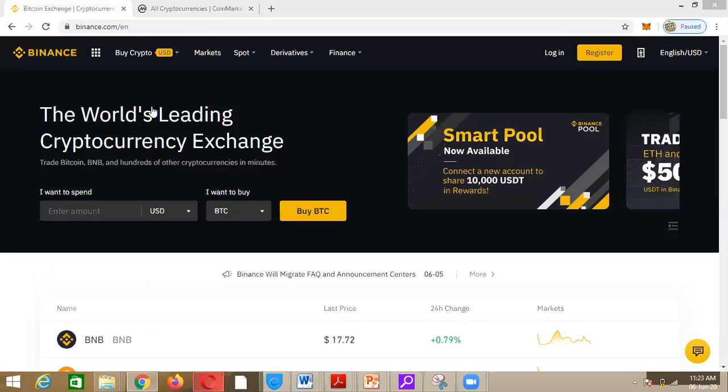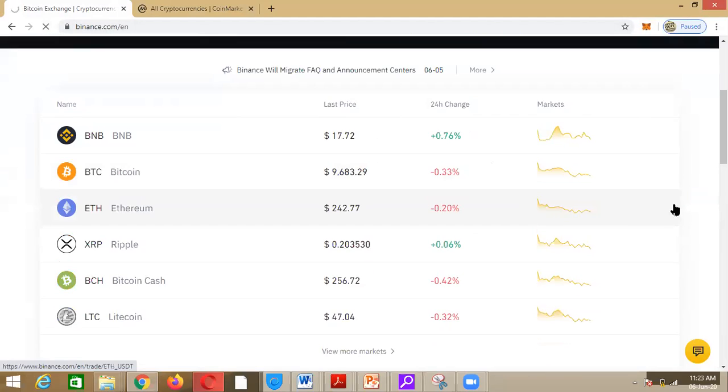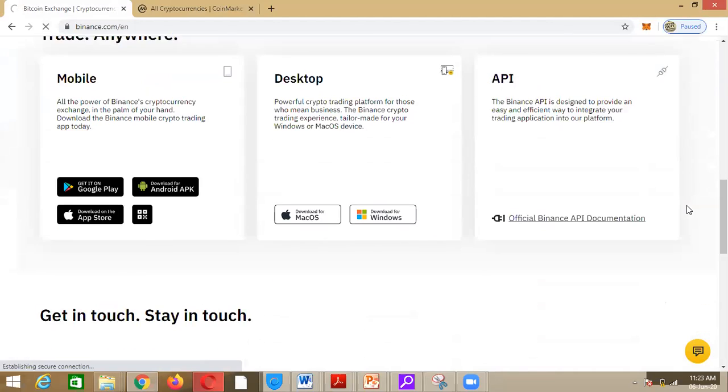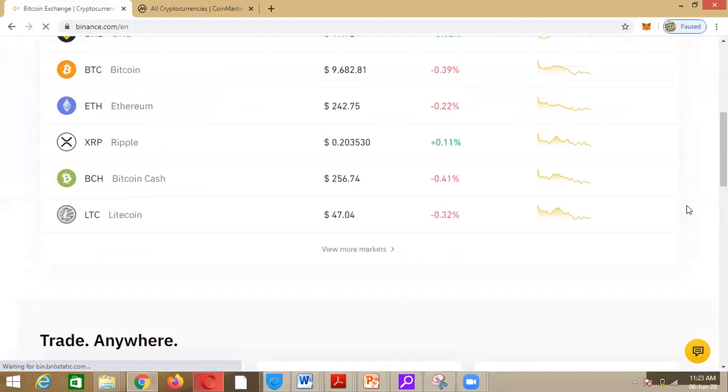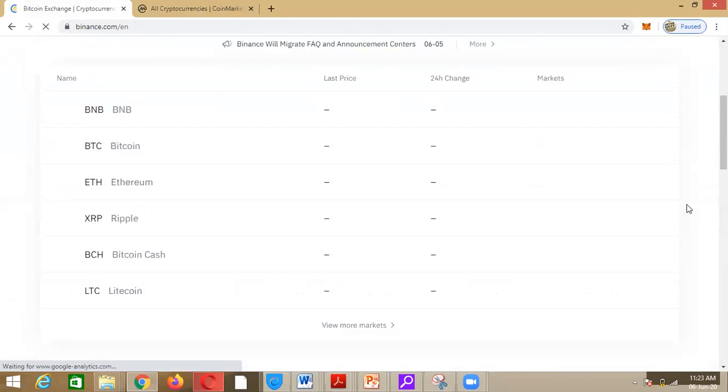Okay, so this is the Binance website, binance.com. This is how the website looks. We are just going to give a general overview of the website.